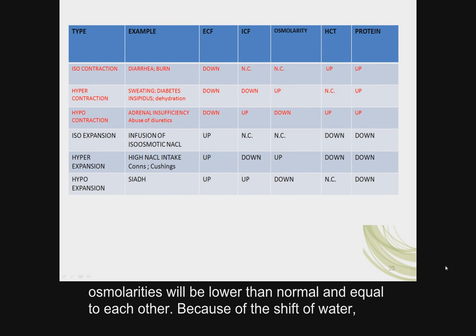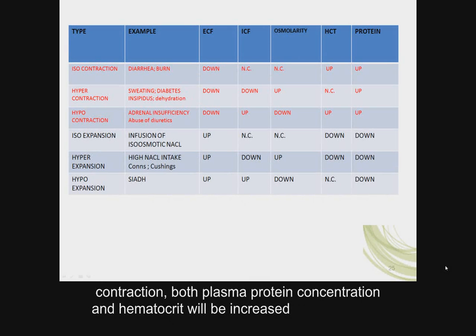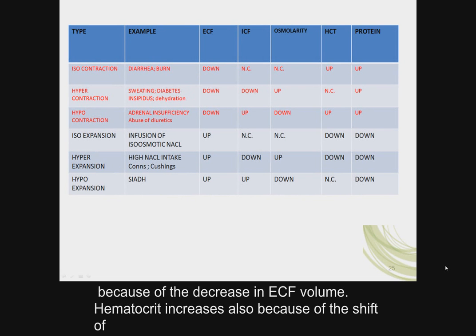In the new steady state, both ECF and ICF osmolarities will be lower than normal and equal to each other. Because of the shift of water, ECF volume will be decreased and ICF volume will be increased.